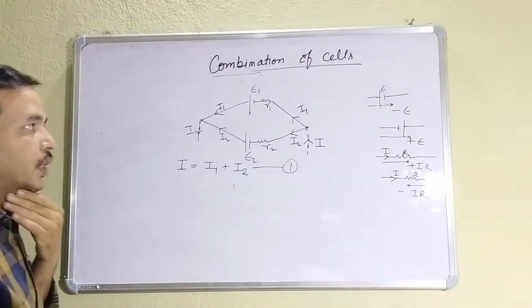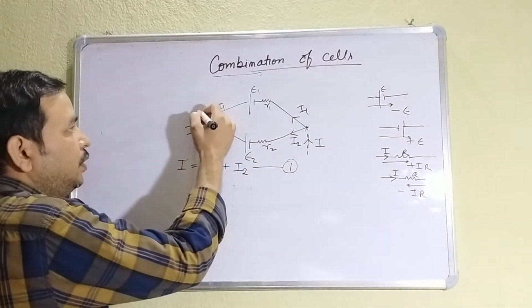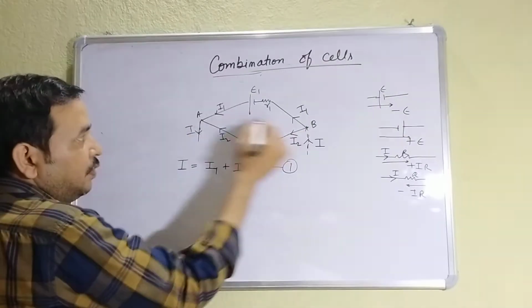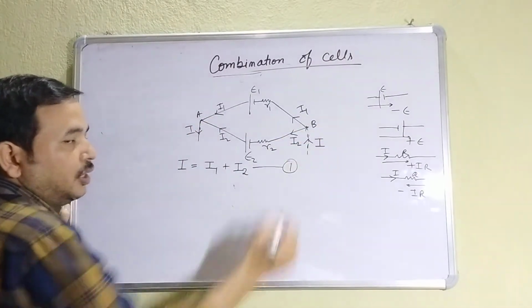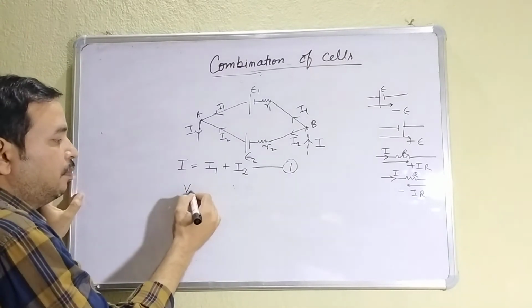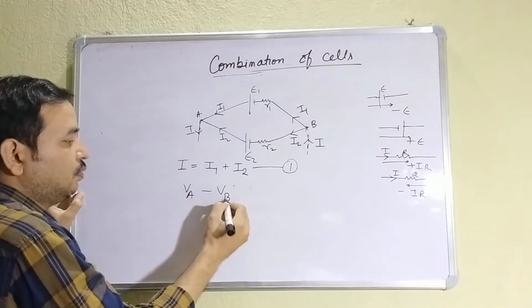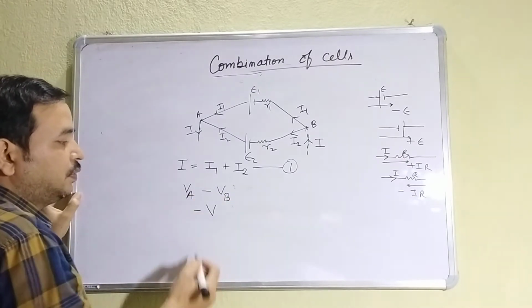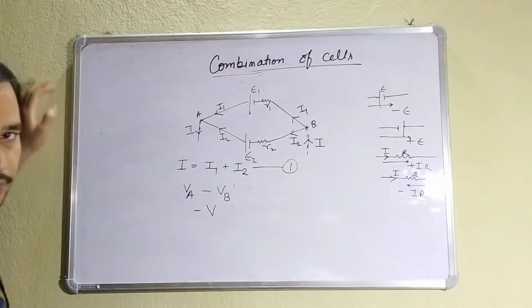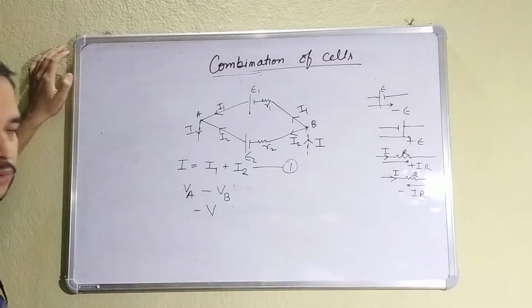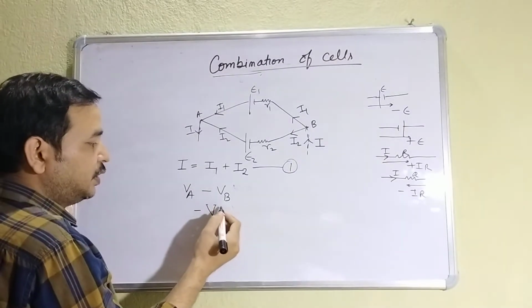Okay. Now let the points be A and B. Again, if you are writing the potential difference between point A and point B, VA minus VB, of course this is greater, so this is minus of the magnitude. Whatever magnitude we are giving, suppose 2 volt, then you will always get VA minus VB as minus 2 volt. That's why I am writing minus the magnitude.